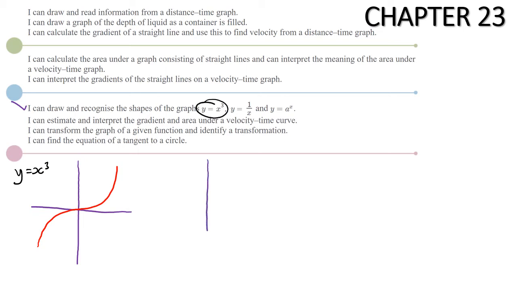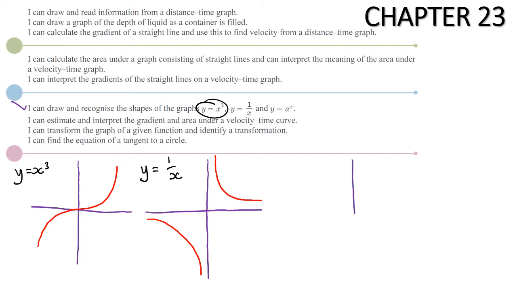Next type of graph, the graph of 1 over x. It's a strange looking graph, it has these gaps in it. So the graph of 1 over x looks like this. And these bits that I've drawn actually go on forever, but I've only drawn bits of it. So this is y equals 1 over x. Then the last graph that we need to recognise is the graph of y equals a to the x.